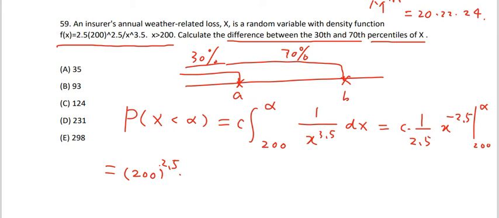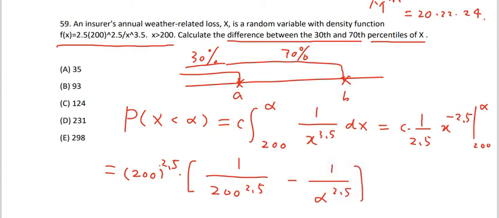Yes, the smaller one is 200. So that equals 200 to the negative 2.5, minus alpha to the negative 2.5, right?